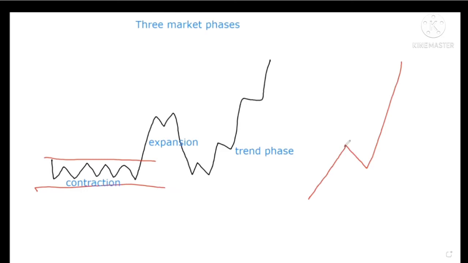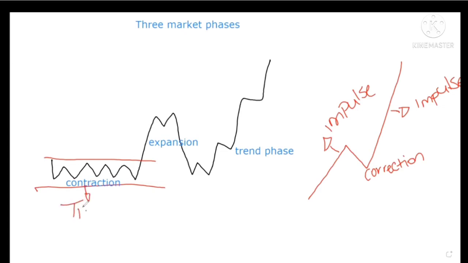It is the impulse. There's the impulse, right? There's the correction, and then you have another impulse. It's more of the three market phases that are happening this side, the other side, right? Contraction, it's when the money has tightened, the tightening of the money.